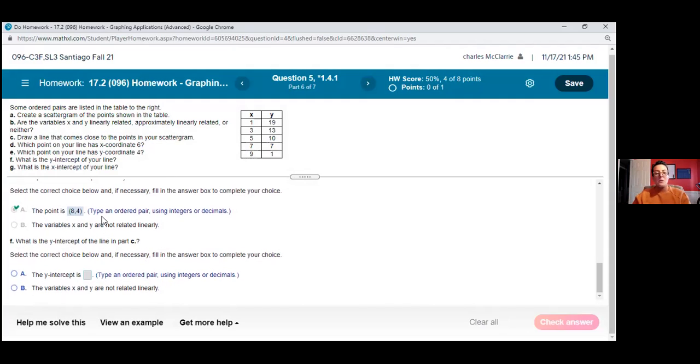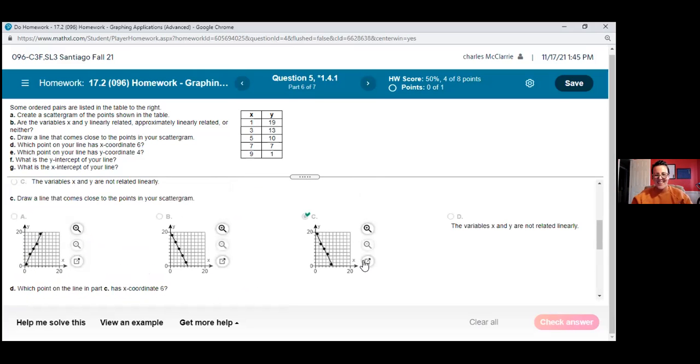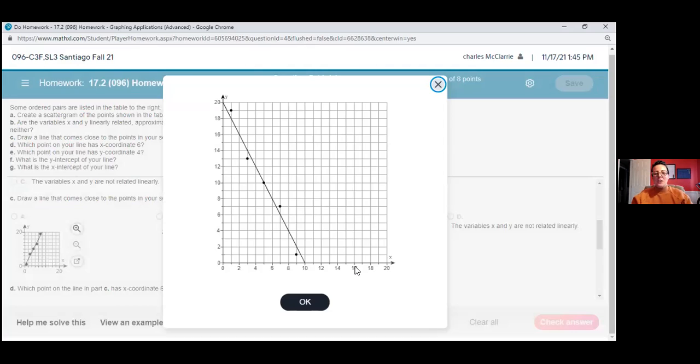Next, it says, what is the y-intercept of the line in part C? Go back to that graph. Now, Charles, can you follow that line until you hit the y-axis? Boom, there's the y-axis. That is where the line hits it. What's the ordered pair at that point?